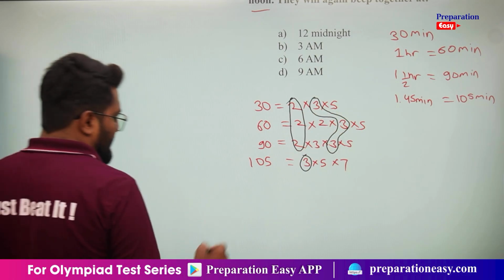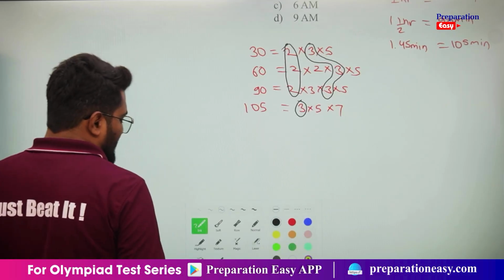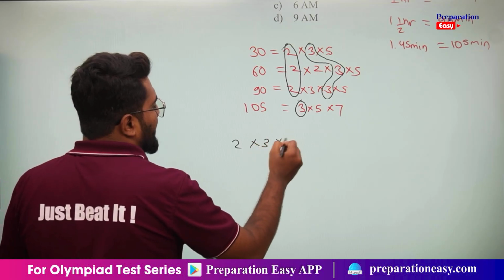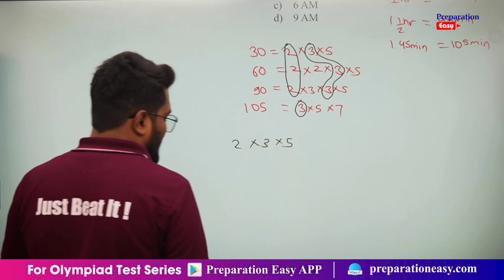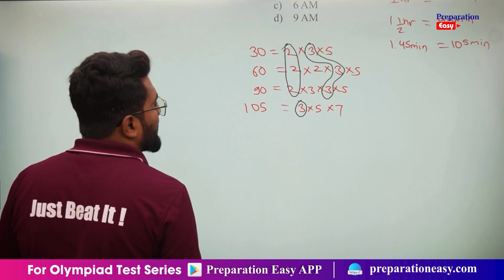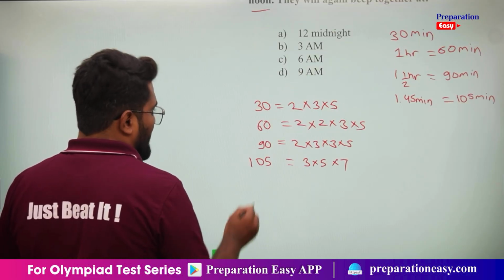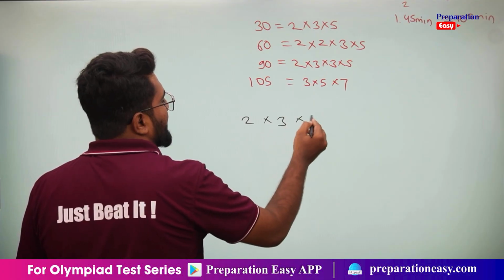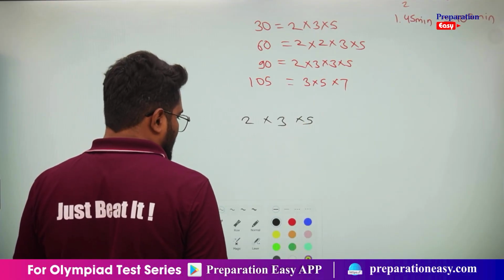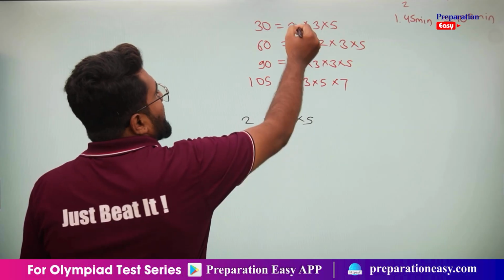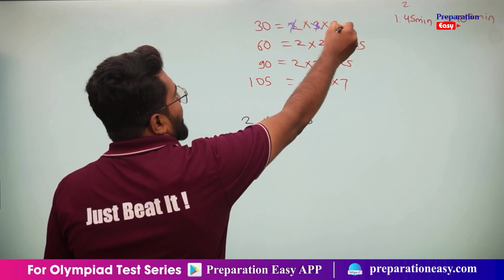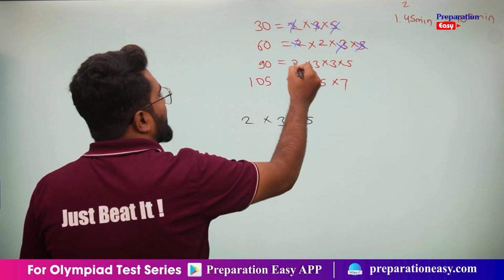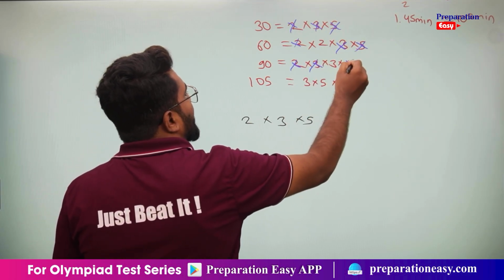So I will first write the common numbers: 2 multiplied by 3 multiplied by 5. We'll cancel it from the numbers. This 2 cancelled, 3 cancelled, 5 cancelled. Again 2, 3, 5 cancelled. Again 2, 3, 5 cancelled.